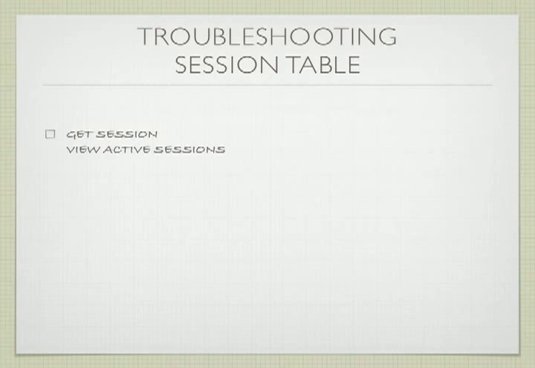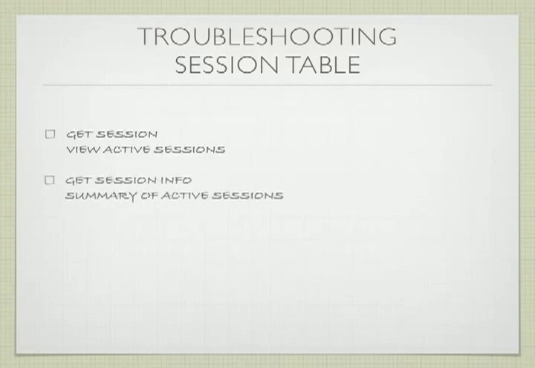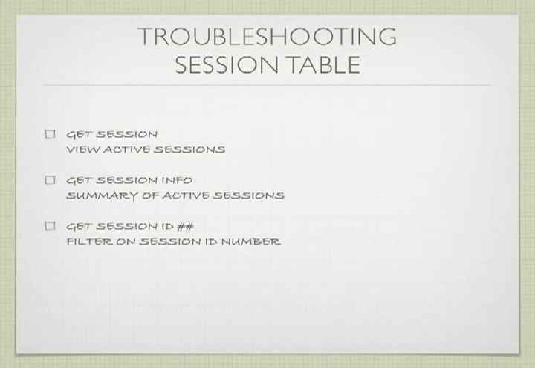So we use the command get session to see the active sessions on a device. We use the command get session info to see a summary of the activity that is going on in the device. Once you've done get session and you've maybe found the session itself that you want to look at in more detail, you can use the ID number of that session to see just the information on that particular session.